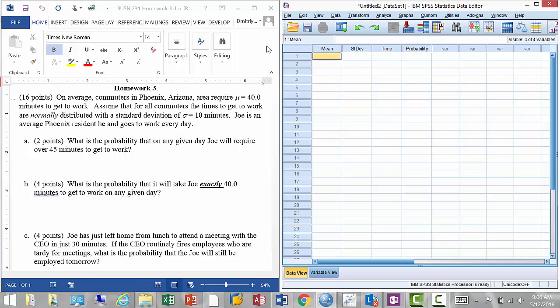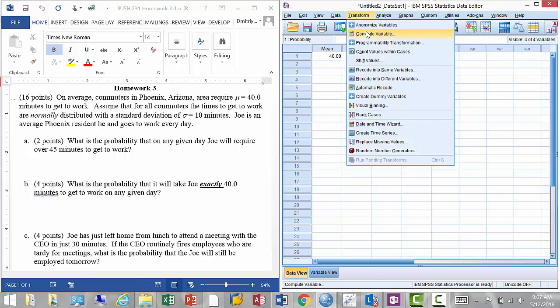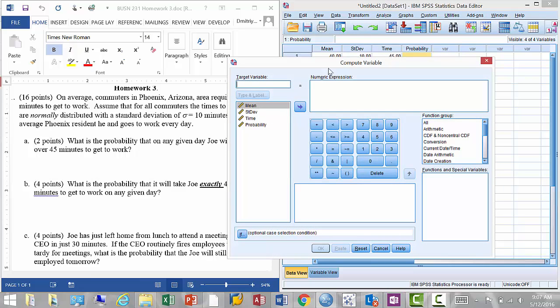So now I switch to data view. The mean is 40. The standard deviation is 10. Time is 45. And in this cell, I'm going to ask SPSS to compute the probability that time is shorter than 45, and then I'll find the other one. So I go to the menu Transform, Compute Variables.